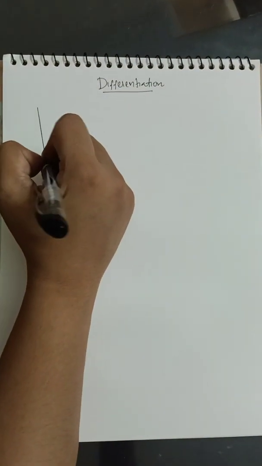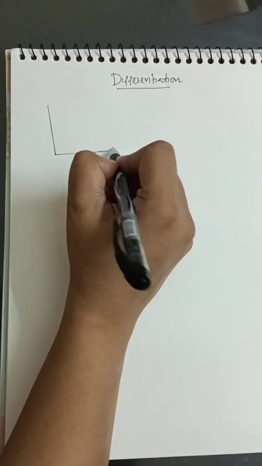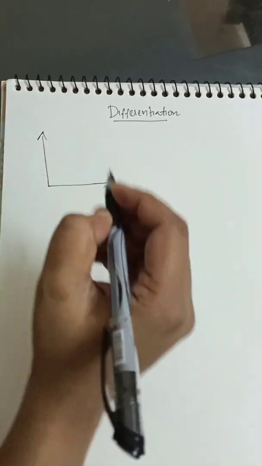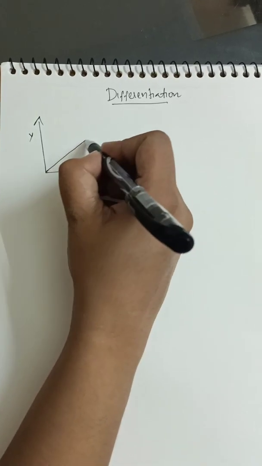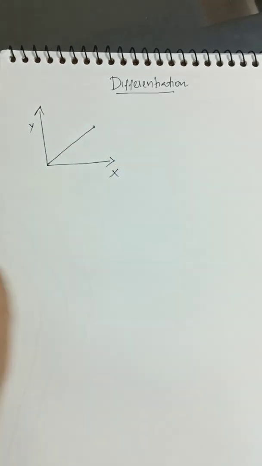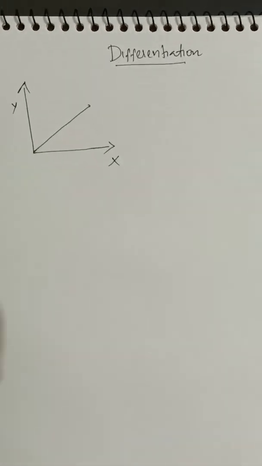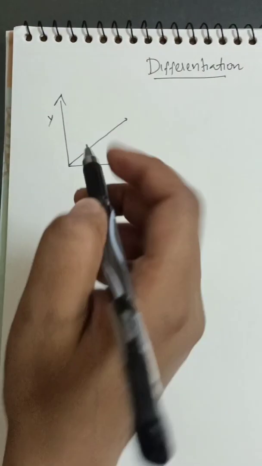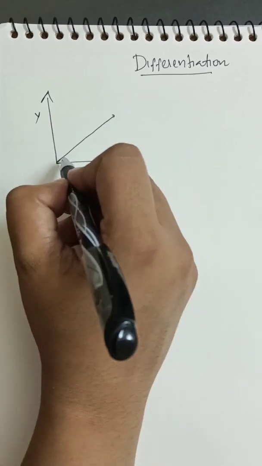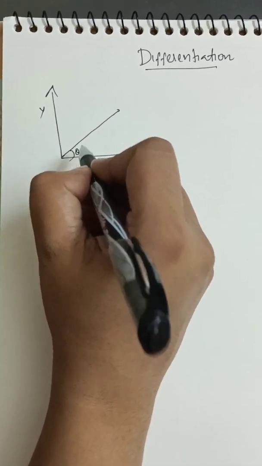Here you have a graph, x comma y. Okay, so in this graph you can see the slope of the graph, like the angle which it makes with the x-axis.